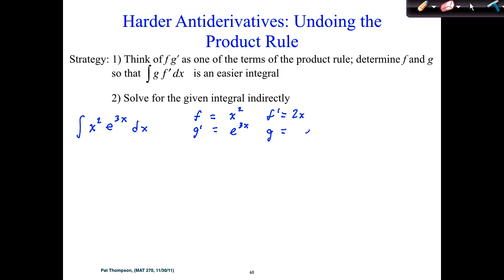E to the 3x, right? Anything else? So we think about taking the derivative of this. If we take the derivative, by the chain rule, we'll have a 3, which we don't have here. So we need over 3.